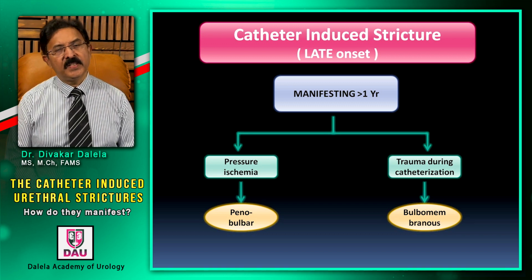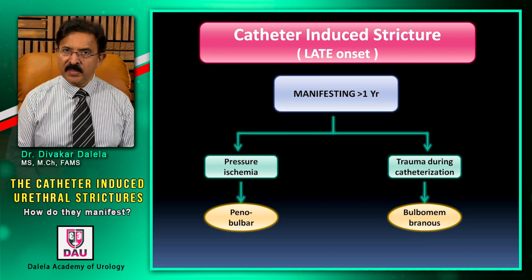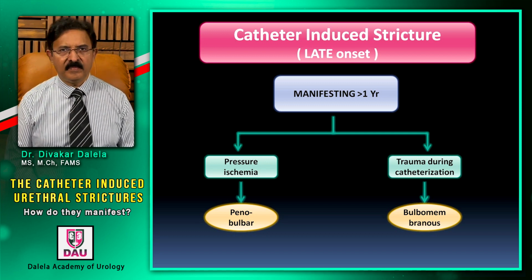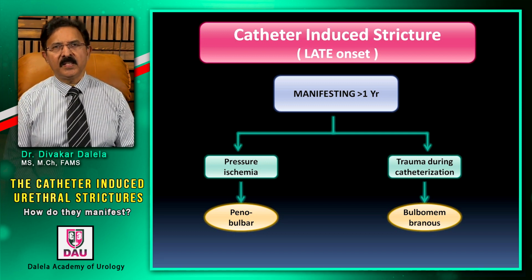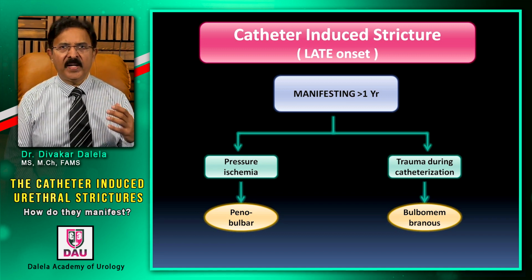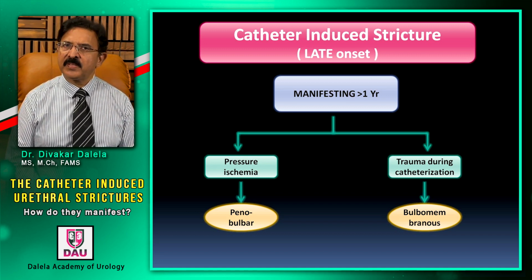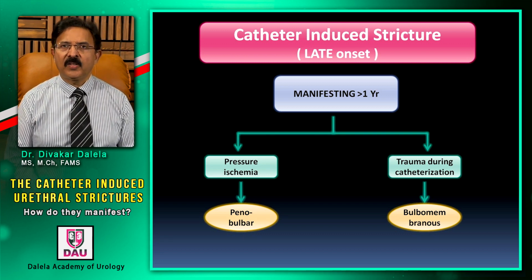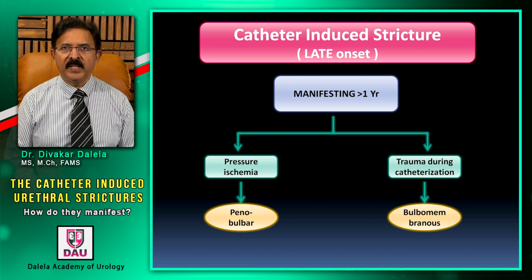Or else the patients had trauma during catheter insertion, and the trauma healed by some fibrosis. Initially it's a healing, and gradually as the quantum of fibrosis increases, stricture manifests. Often these strictures manifest a few years later, and the commonest site again is the bulbomembranous junction.